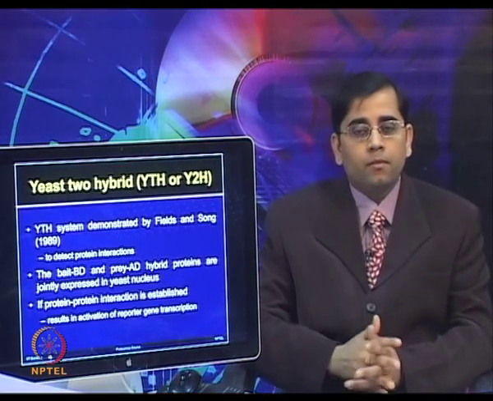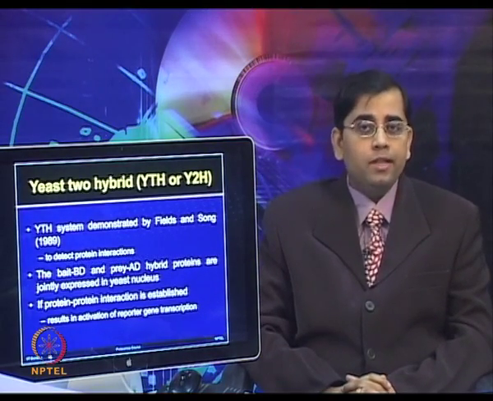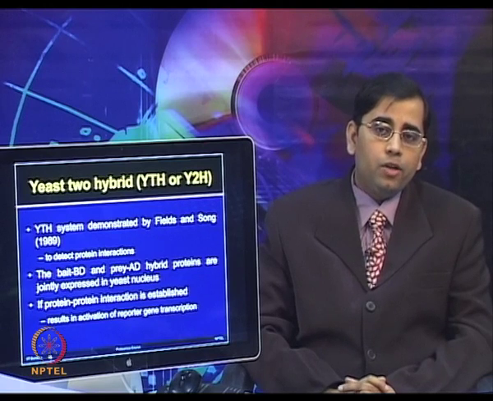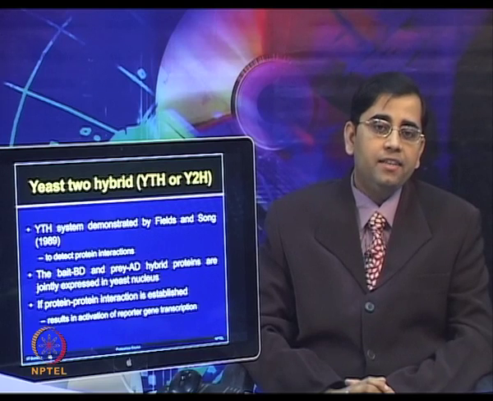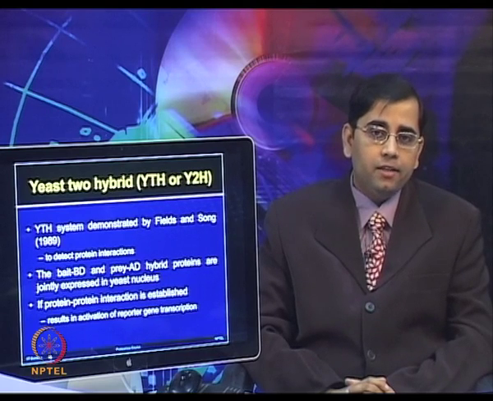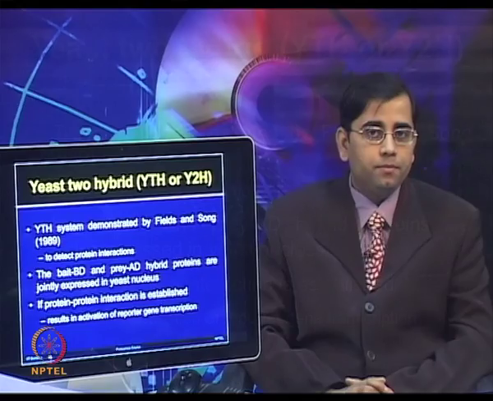So, successful interaction of the bait and the prey protein activates the promoter region, which in turn activates the transcription of reporter genes. The yeast two-hybrid system was first demonstrated by scientists Fields and Song in 1989 for studying protein interactions.